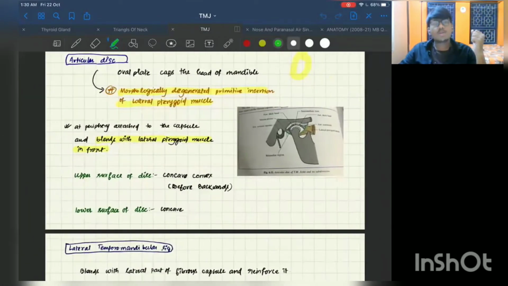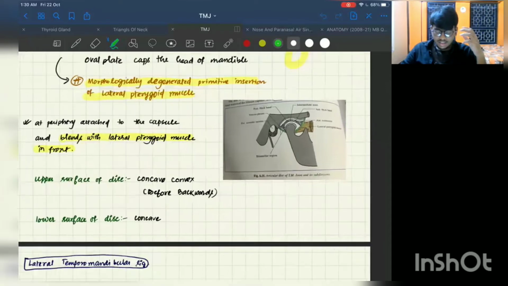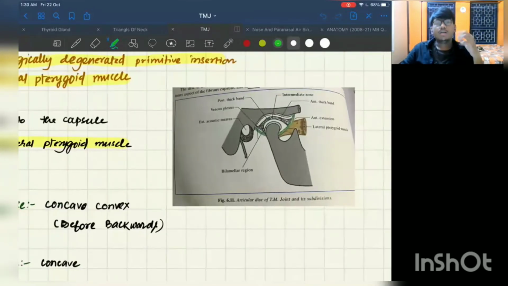Now let's see about the articular disc. The articular disc is actually a disc made of fibrocartilage, right? If we see its upper surface, it is concavo-convex from before backwards because of the presence of the articular tubercle, which is convex, and the mandibular fossa, which is concave.